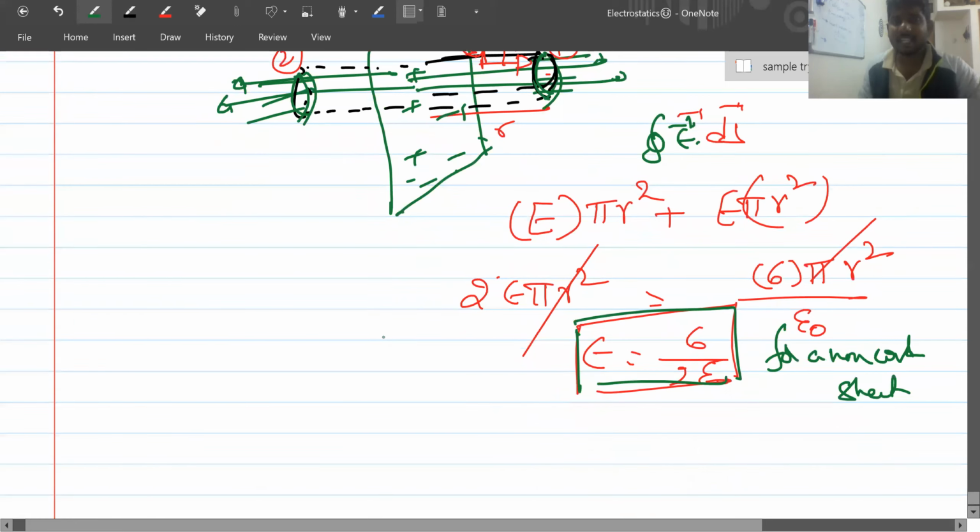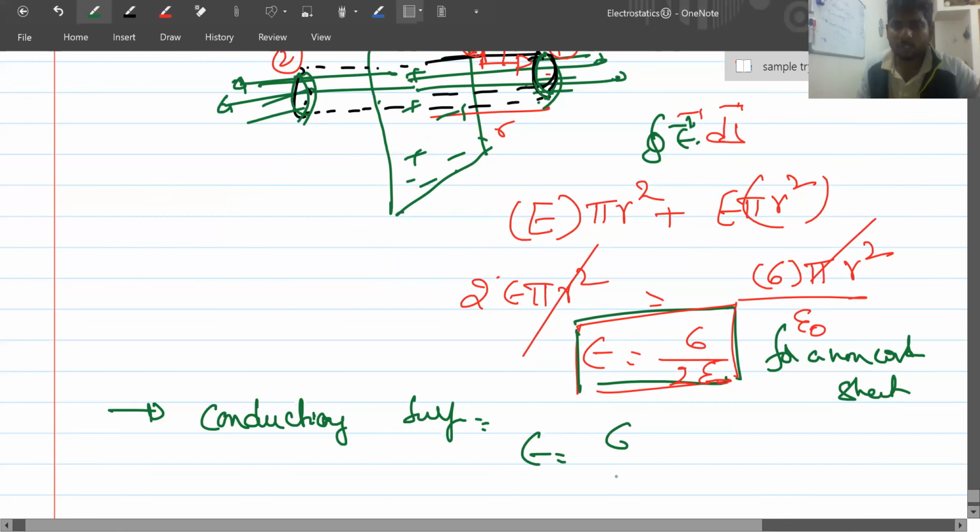If it is a conducting sheet, the entire charge will be present on the surface. So here two surfaces will act, and the value for a conducting surface will become electric field equal to sigma by epsilon naught.